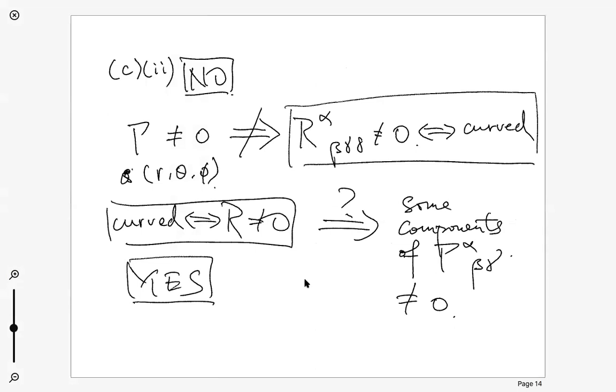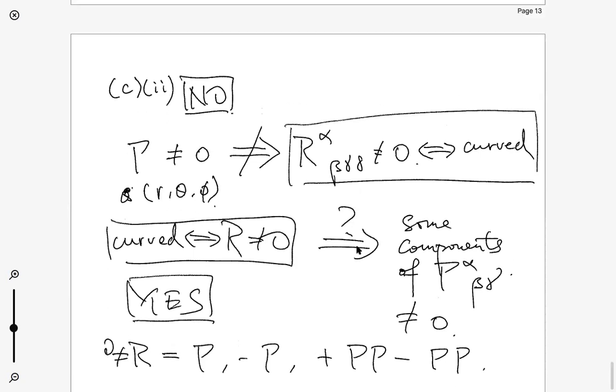Because if you have non-zero components of the Riemann tensor, then if you consider the formula for the Riemann tensor, when the Riemann tensor is not zero, then in general there should be non-zero components of the Christoffel symbol as well, right? This is one way of looking at this.